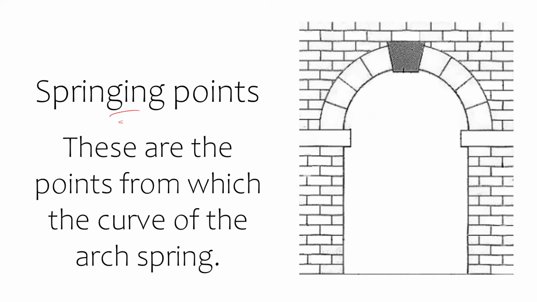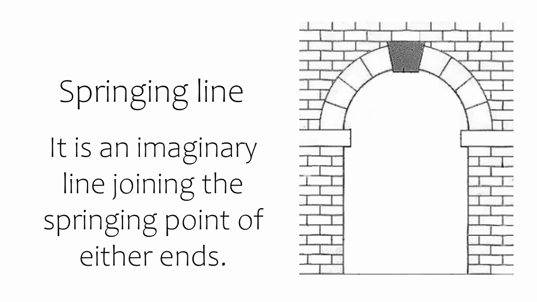Next is springing points. Springing points are the points from which the curve of the arch springs. Here, this and these are the springing points. Next is springing line. It is an imaginary line joining the springing points of either ends.